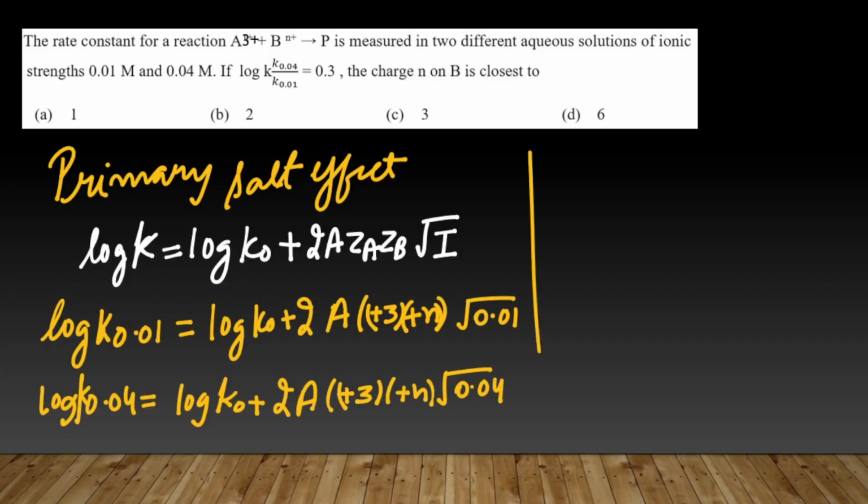So just subtract these two, because the rate constant ratio you are having is log of K for 0.04 upon 0.01.